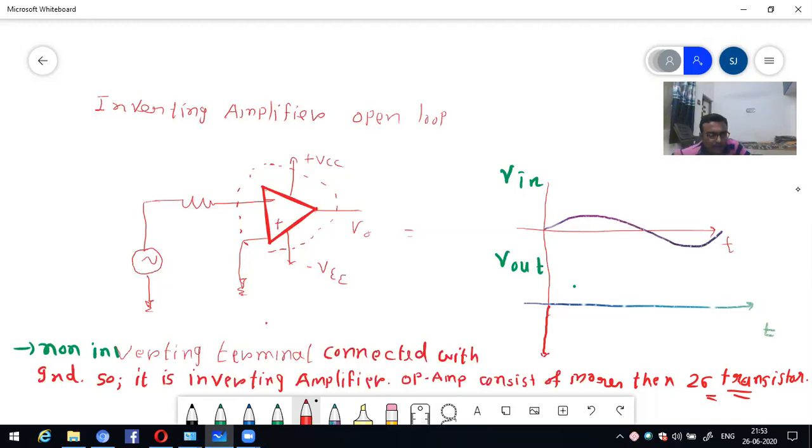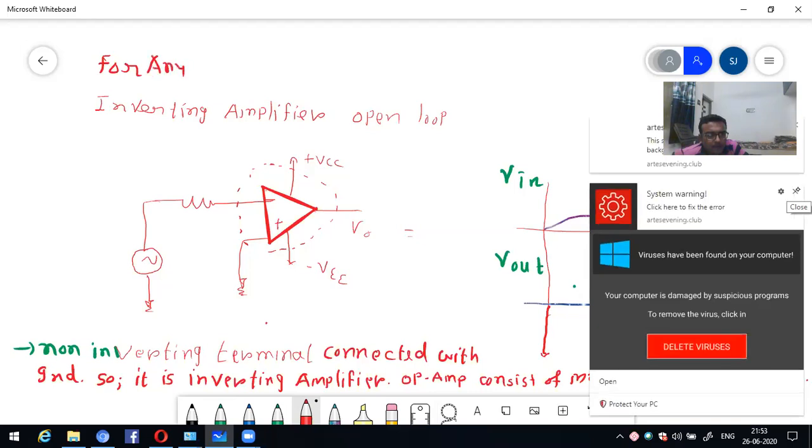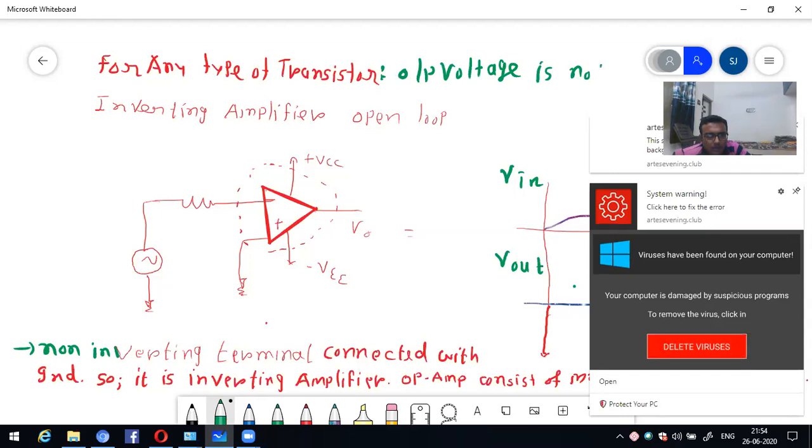Remember that point, I have written here. For any type of transistor, please carefully see this. For any type of transistor, output voltage is not higher than plus VCC.